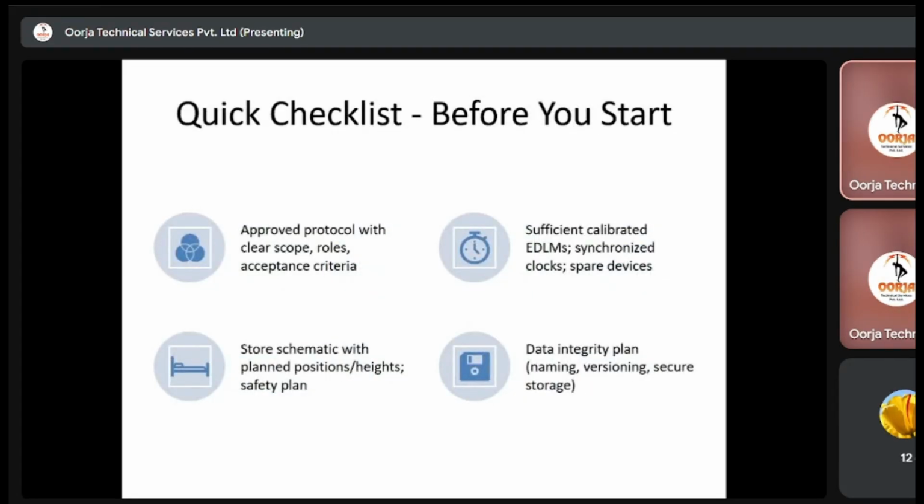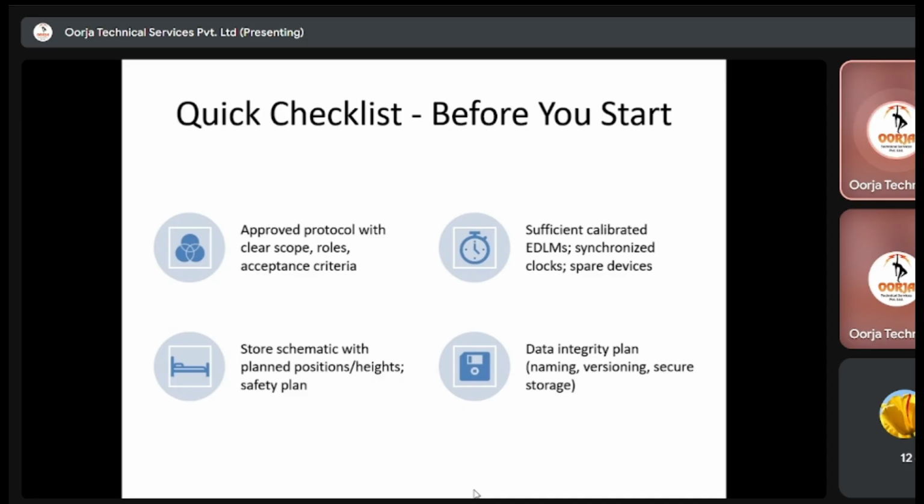Now, just to summarize everything, just have a quick checklist before you start. First, we should have an approved protocol with clear scope and roles, acceptance criteria, etc. We should have sufficient calibrated data loggers which will be used to map the area, and those data loggers will be synchronized and will have sufficient space to record all these things.